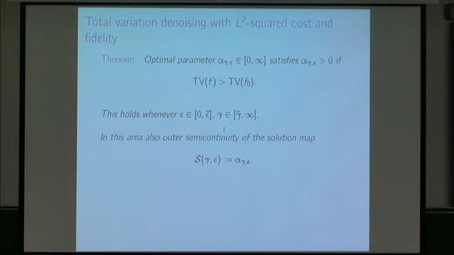If the total variation of the noisy data is strictly higher than the total variation of the ground truth, then the optimal parameter is greater than 0. So this really means, because with 0 we would basically get back our noisy data if it's in BV.